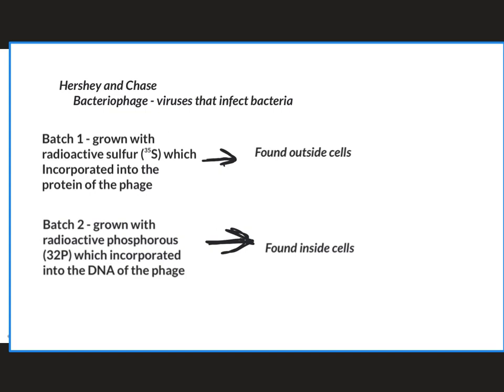This showed that the DNA had actually entered into the bacterial cells, but the proteins did not. Hershey and Chase then concluded that DNA, not protein, functions as the genetic material, which finally solidified the work of Griffith in that the transforming principle was indeed DNA.